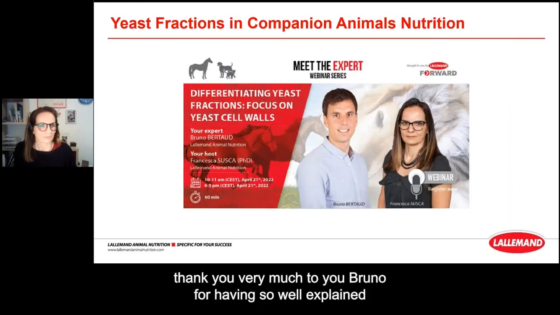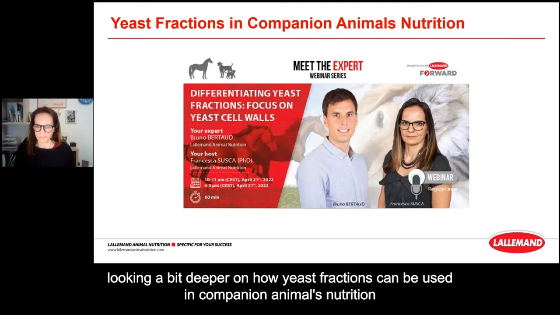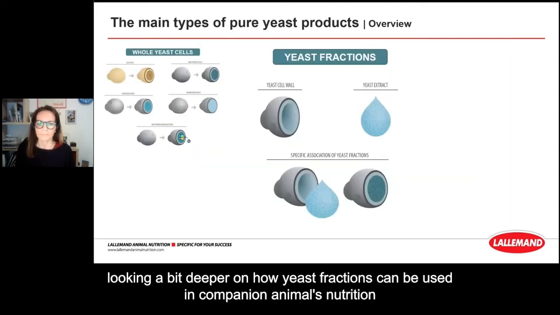Thank you very much to you, Bruno, for having so well explained the differences between yeast fractions. And now let's spend just a few minutes looking a bit deeper on how yeast fractions can be used in companion animals' nutrition.